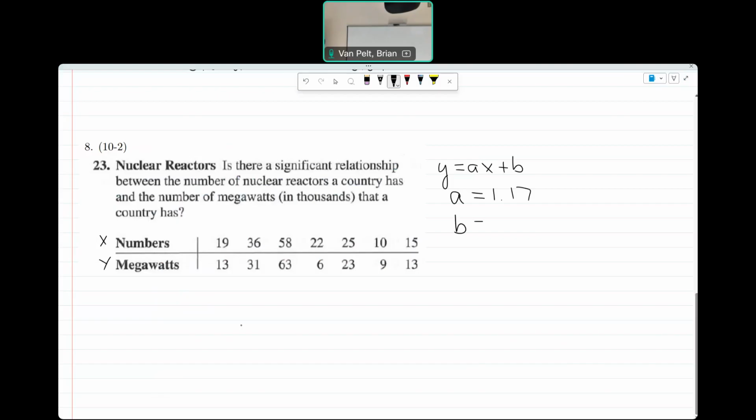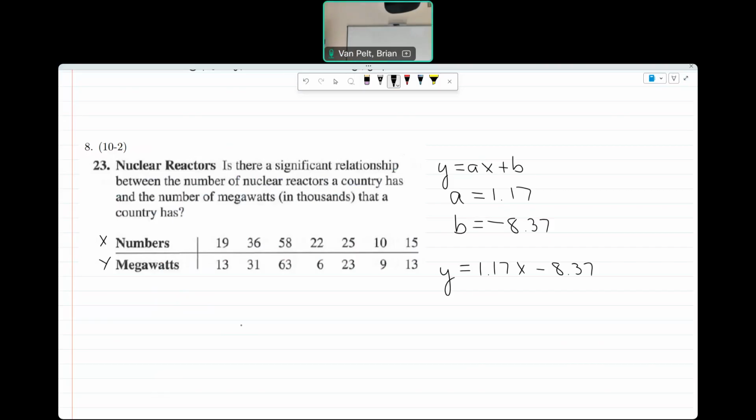And for my B, I got negative 8.37. So you'll need to write this line up. This problem is going to be worth 15 points. Not just that part, it's going to be more than just that, but basically that'd be about 5 points to get that equation, that line.